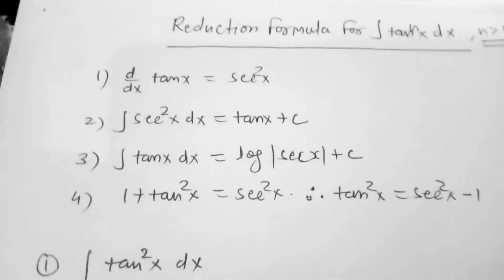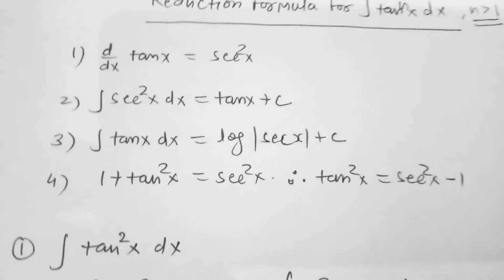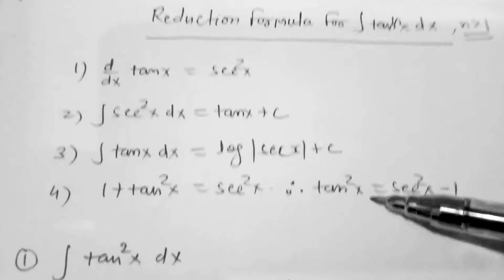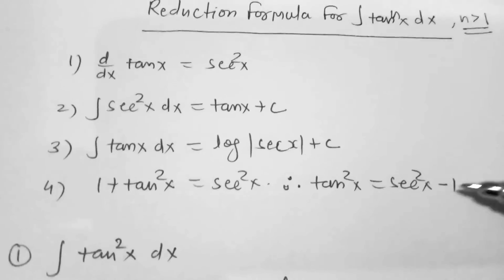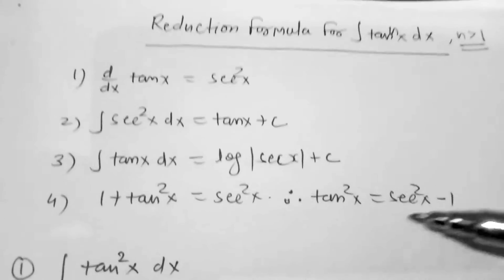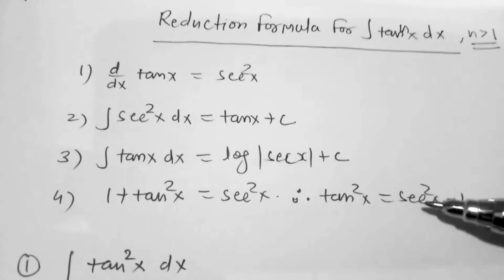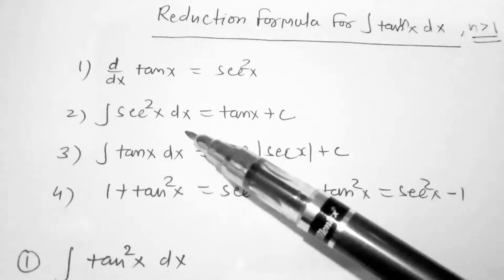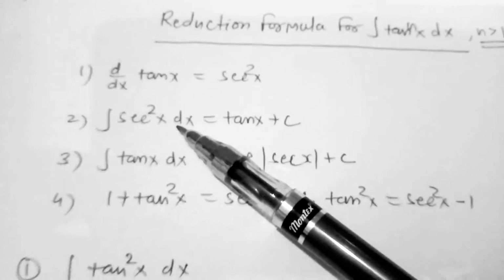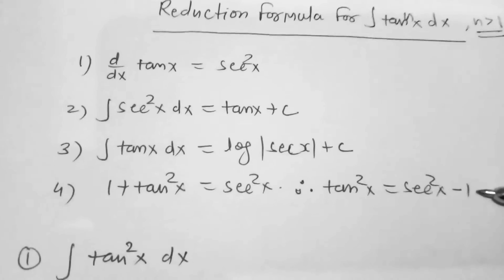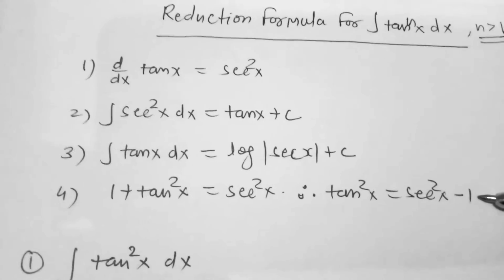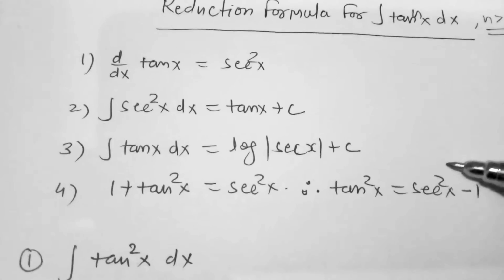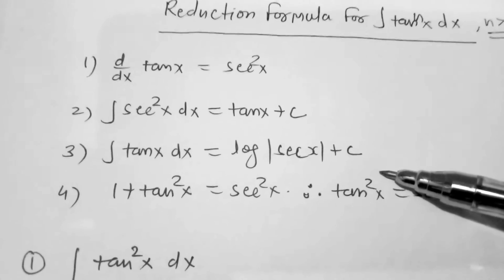This formula is very important while doing the integration of tan square x. So this tan square x we have to replace by sec square x minus 1. See why this is important, because sec square x is a standard integrable function. The integration of sec square x is tan x, and we can also integrate 1, that will be x. So ultimately this function we can evaluate.